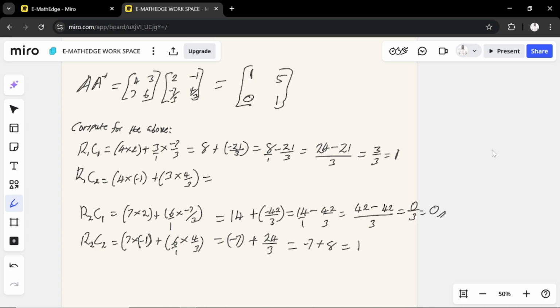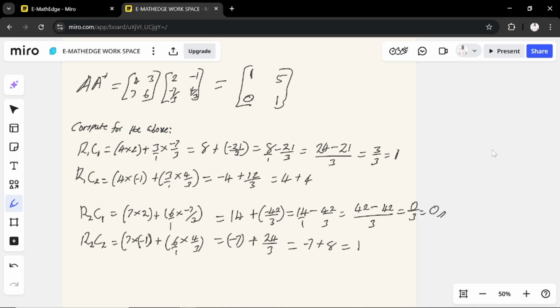Such that 4 multiplied by -1 is going to give us -4, plus, dealing with this fraction, which we can take to be 3 all over 1, 3 multiplied by 4 is going to give us 12. 1 multiplied by 3 is going to give us 3, such that we are going to have 4 plus 12 divided by 3 is 4.